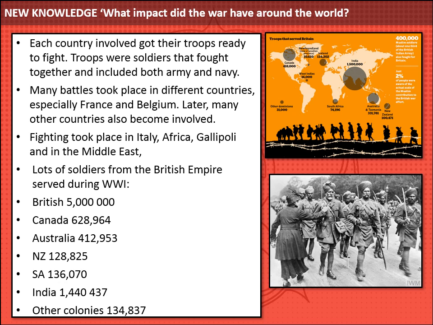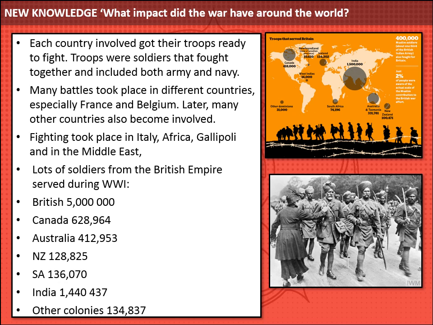Now, we have touched on the idea of empire before in the last lesson. So that's people who live in different countries that are under control of Britain. So there were 5 million British soldiers, 628,000 Canadian soldiers, 400,000 Australian soldiers, 120,000 New Zealand, South Africa, 100,000 soldiers from there, nearly 1.5 million Indian soldiers, and then there were 134,000 soldiers from other colonies.